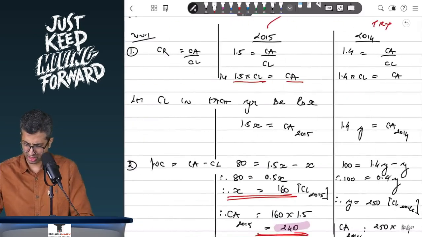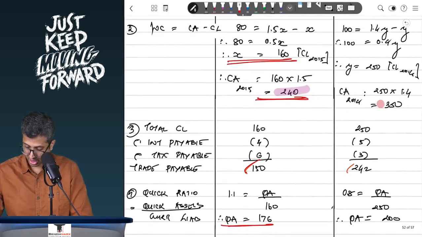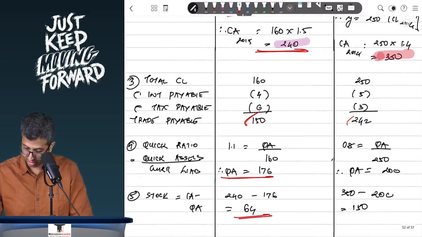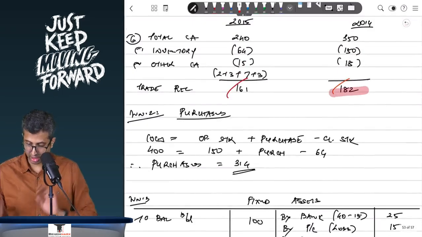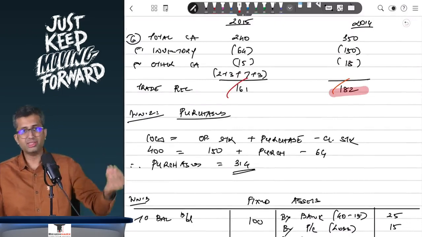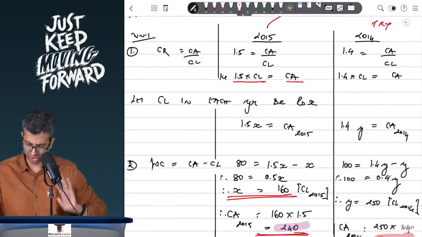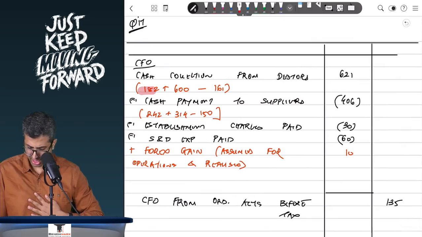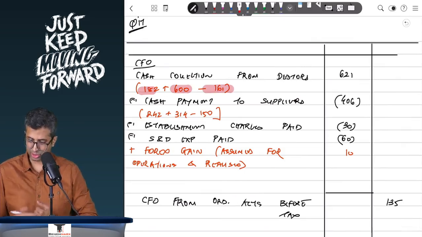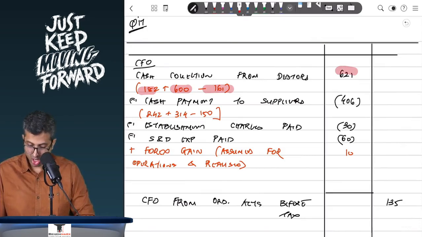If we do the same thing for the earlier year, you then find the current liability, the trade payables, inventories and trade receivables. The moment you do that, then it is a simple direct method application where you can do opening debtors plus sales minus closing debtors, and you have cash collection.